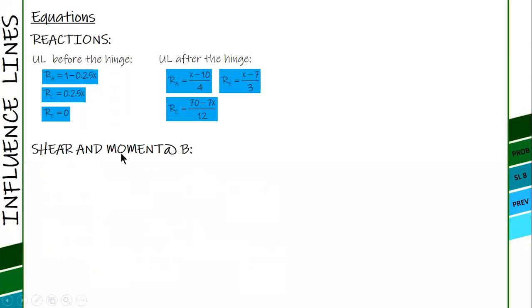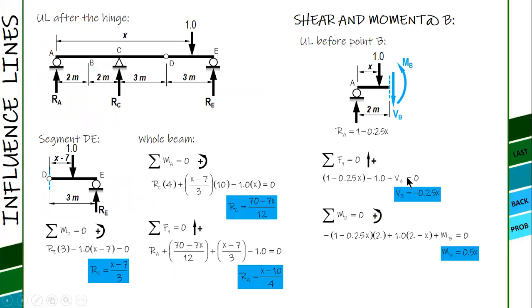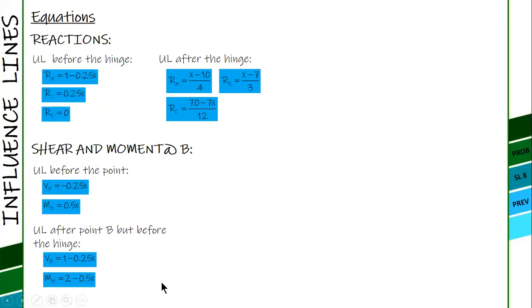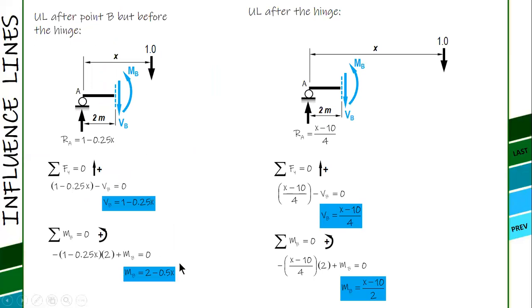And then, shear and moment at B, before the point, negative 0.25 and 0.5. And then, after point B, or after the hinge.